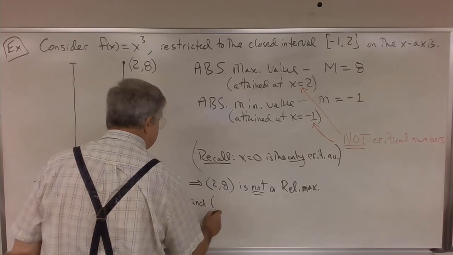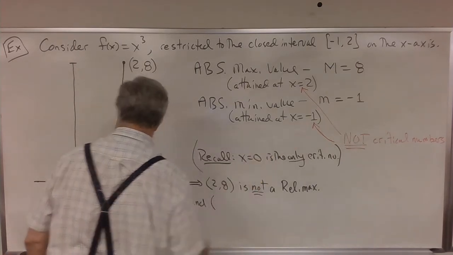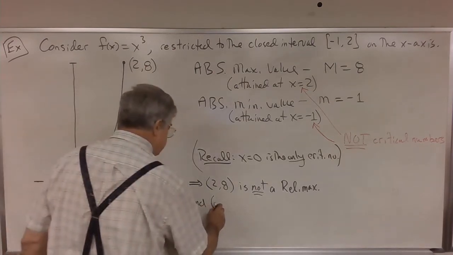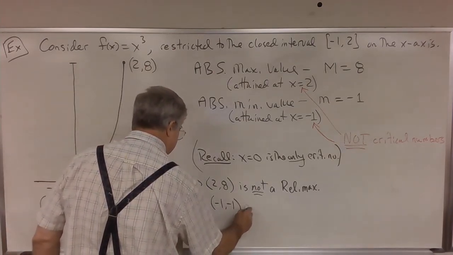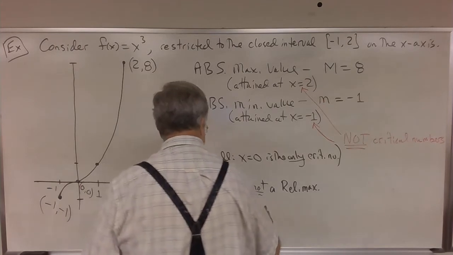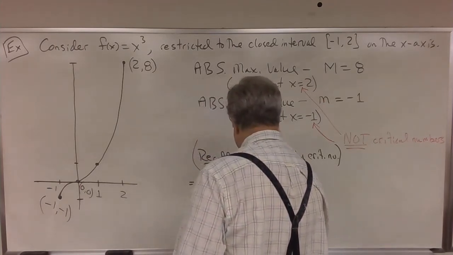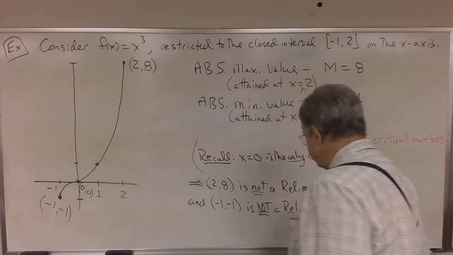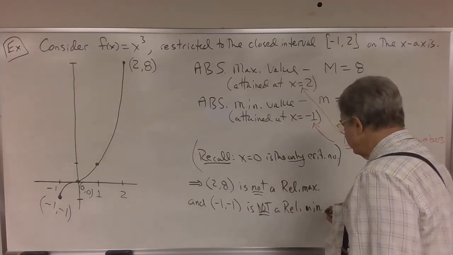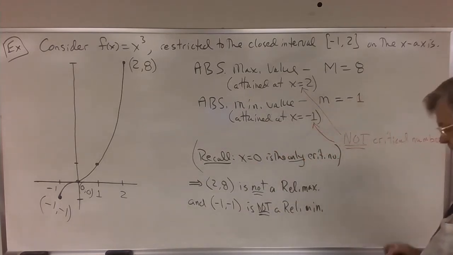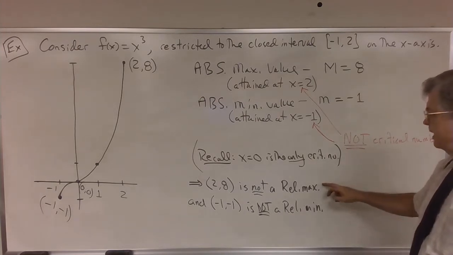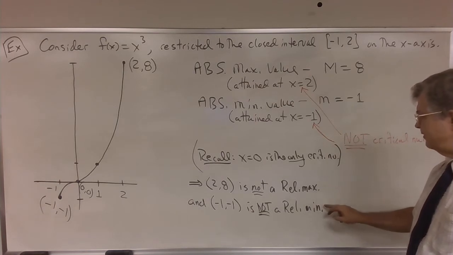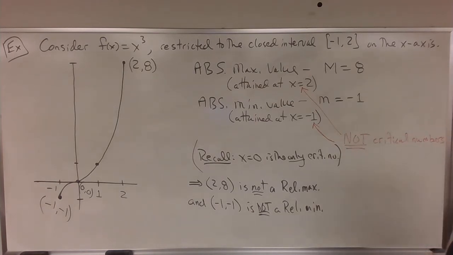And so that also means that this point right here is not a relative min. Neither of these occur at critical numbers, so this can't be a relative max, this can't be a relative min.